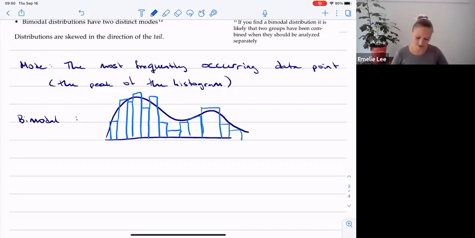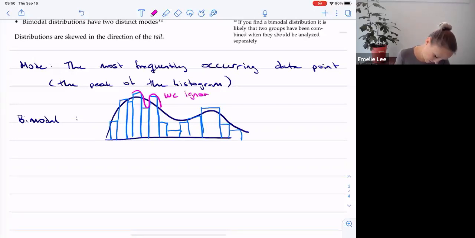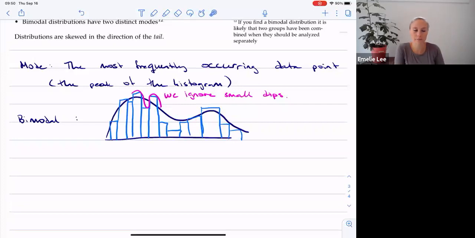Something like that. Okay, so even though there's technically a dip here, right, we ignore small dips, right? It's just the general shape that we're interested in. Okay. So this would count as one mode, and then here's another mode, making two modes, bimodal, right?